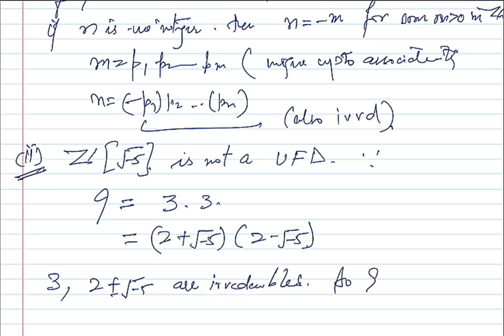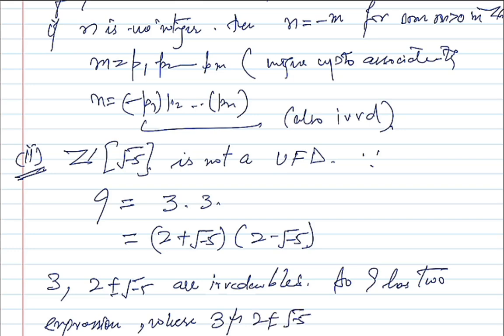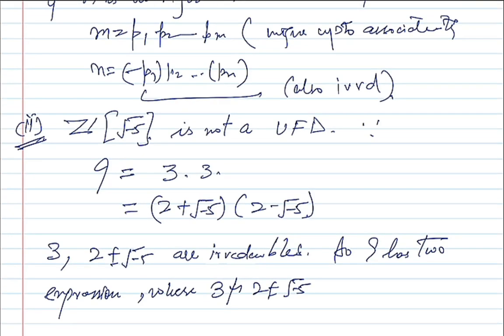So 9 has two expressions where 3 is not associate to 2 plus square root minus 5. Okay, they are not associates either.